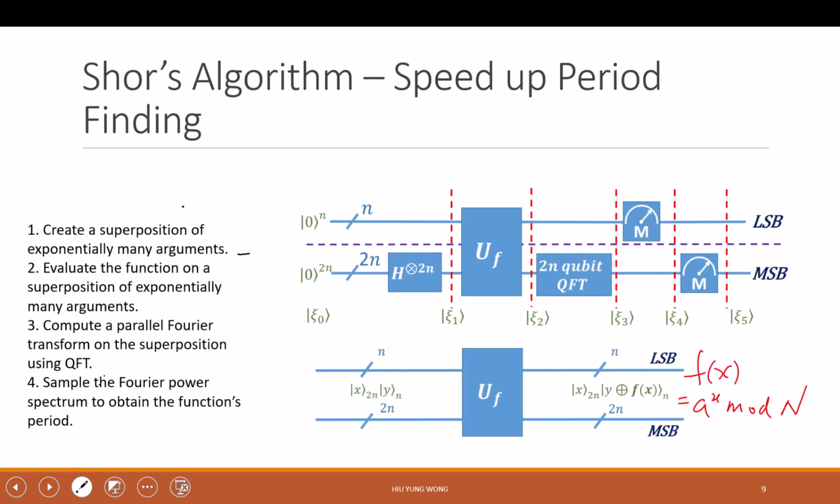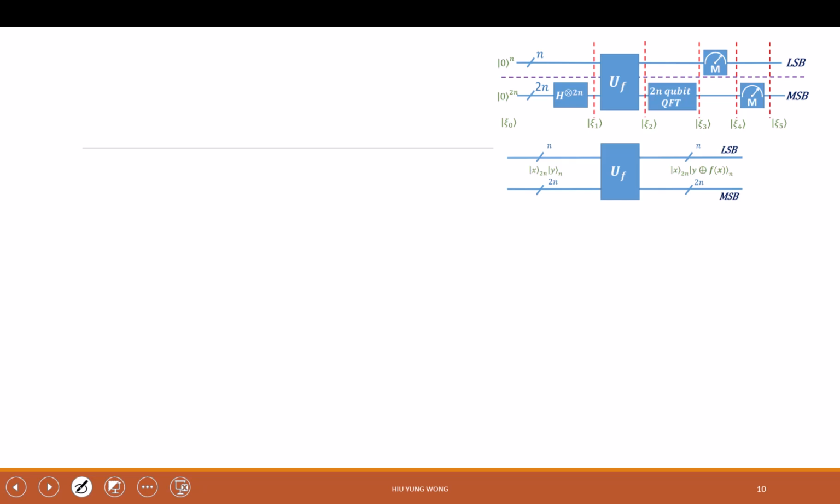So Shor's algorithm is for this purpose, and now we start with the difficult math. But it's not difficult.